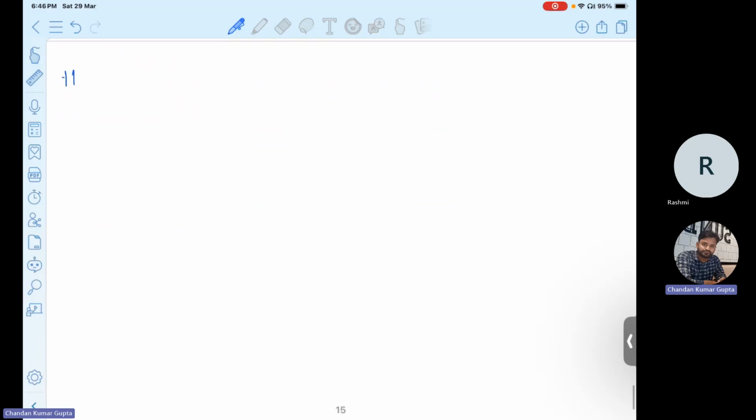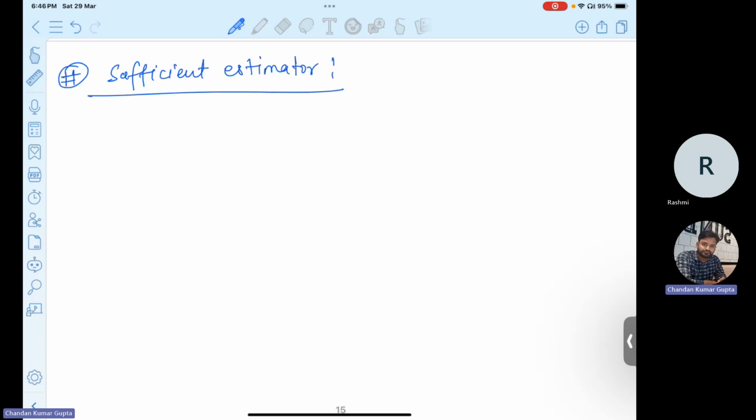Now the next one is the sufficient estimator. Sufficient statistics, or a sufficient estimator, is mainly used to reduce the dimension of the data or the estimator. We have x1, x2, ..., xn samples, that is, n-dimensional data. Suppose one functional form of these n-dimensional samples contains the same amount of information as the whole sample.